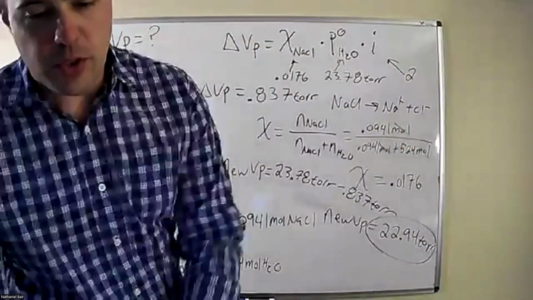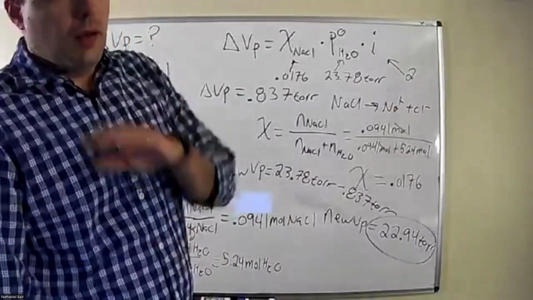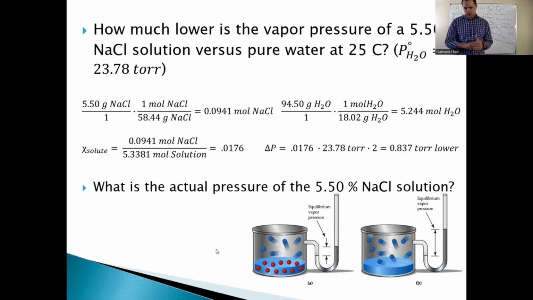Now, I stole this image here, and I love it because this scientific illustrator absolutely knew what they were talking about. If you look at this image, here is the vapor pressure of pure water. You can see this is a U-tube manometer. You can see the gas is pushing here, air is pushing here. So this would be my vapor pressure. That's how much the solution is pushing back.